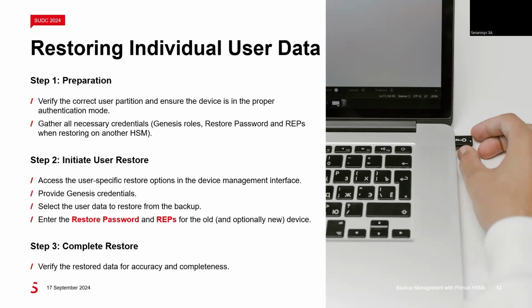You just do a restore, but rather than selecting a complete restore from the device, you select a restore of an individual user partition. Again, you will need the restore password, but you can also restore an individual partition onto another device. And in that case, we'll have again the use of the restore encryption pin in order to decrypt and re-encrypt the backup onto the new device.